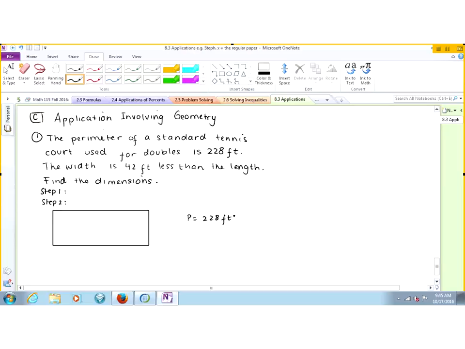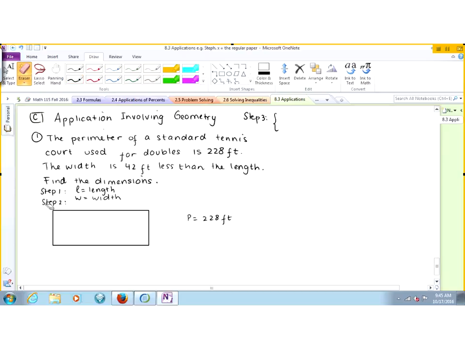So how do I write 42 feet less than the length? L minus 42. So L is the length, and the width is L minus 42. L is the length, W is the width. So give me the two equations.